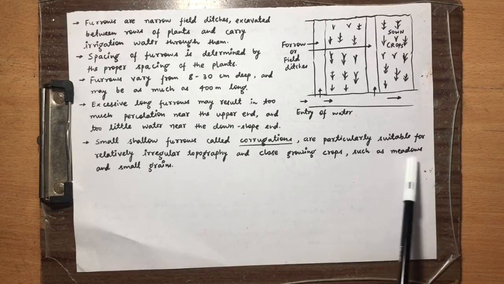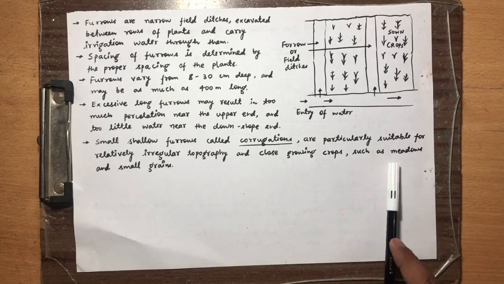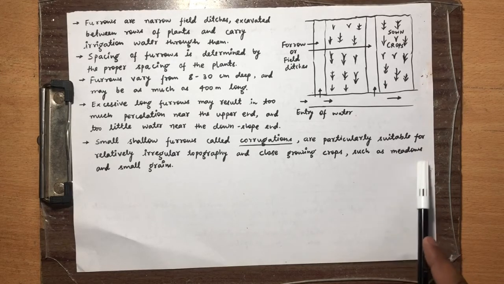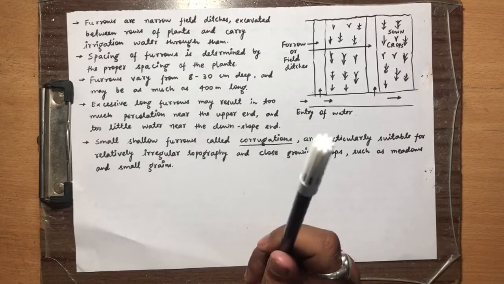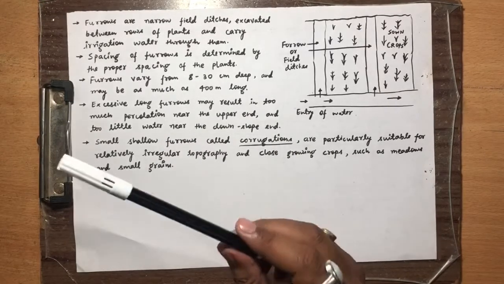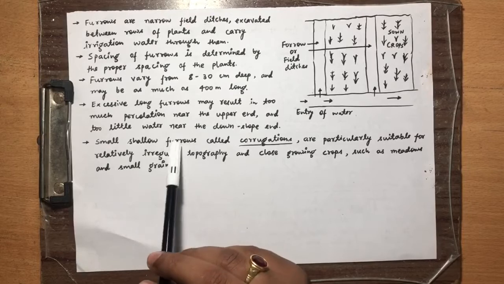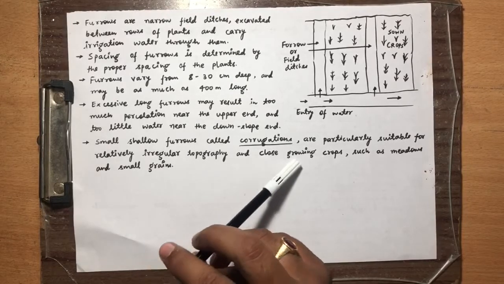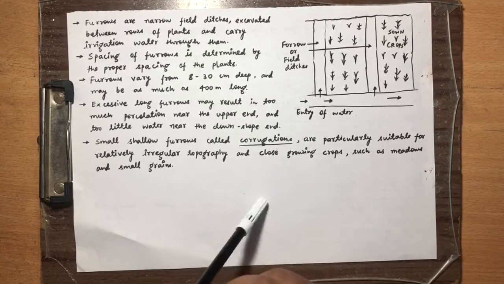One more homework: you have to tell me what meadows are. So if topography is irregular, we make small shallow furrows and grow the crops closely.